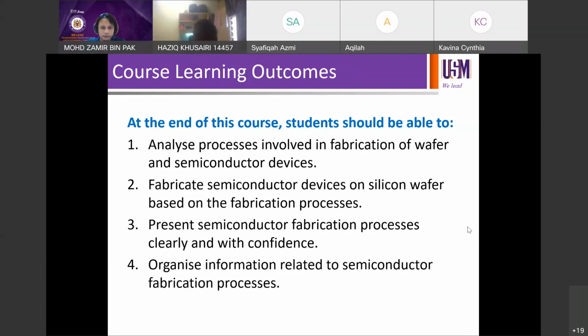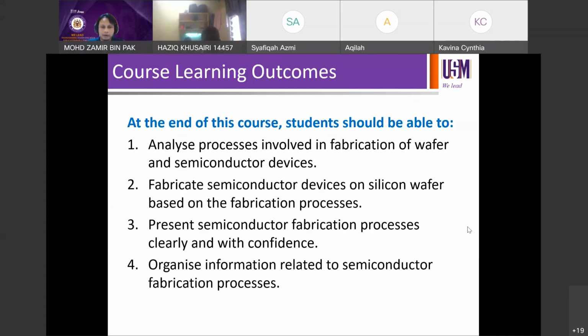The third one is to present semiconductor fabrication processes clearly with confidence. So you have done your presentation in 386 last time in the form of group presentation. So we're going to have that again, but instead of presenting on the device operation, you're going to present on the fabrication processes involved for a range of different devices.